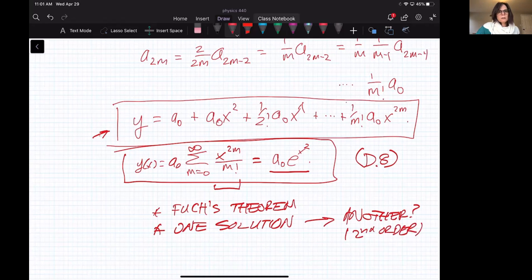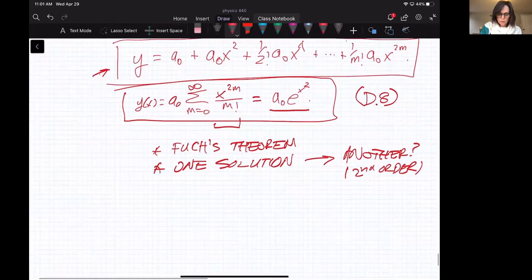And the other thing that I would suggest, and we're running out of time, is that when you do these problems, do exactly what I did, which is line up the powers so that you can identify the coefficients in front of the like powers of x. And it may be that you end up with what we call indicial equations. And I think this is in the homework. If not, I'll do it as an example.